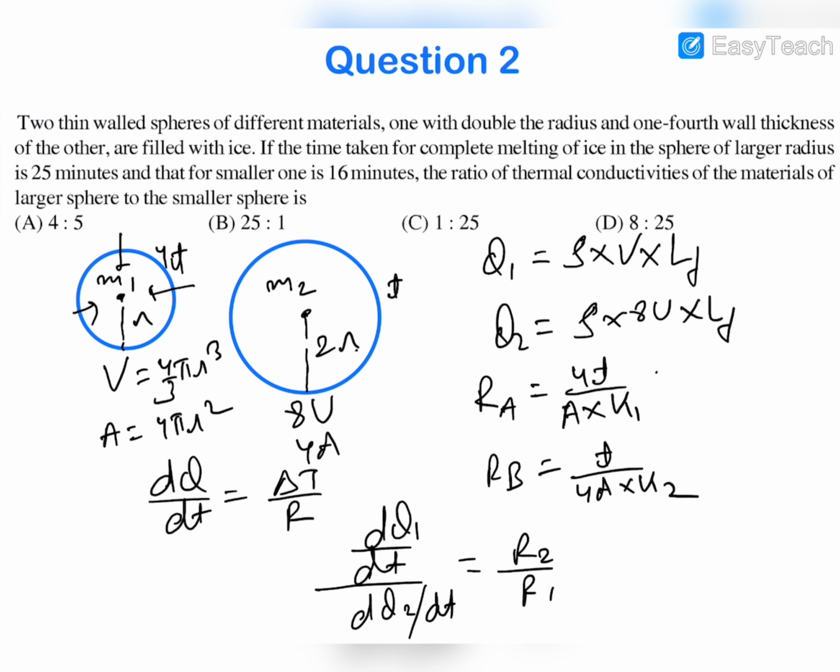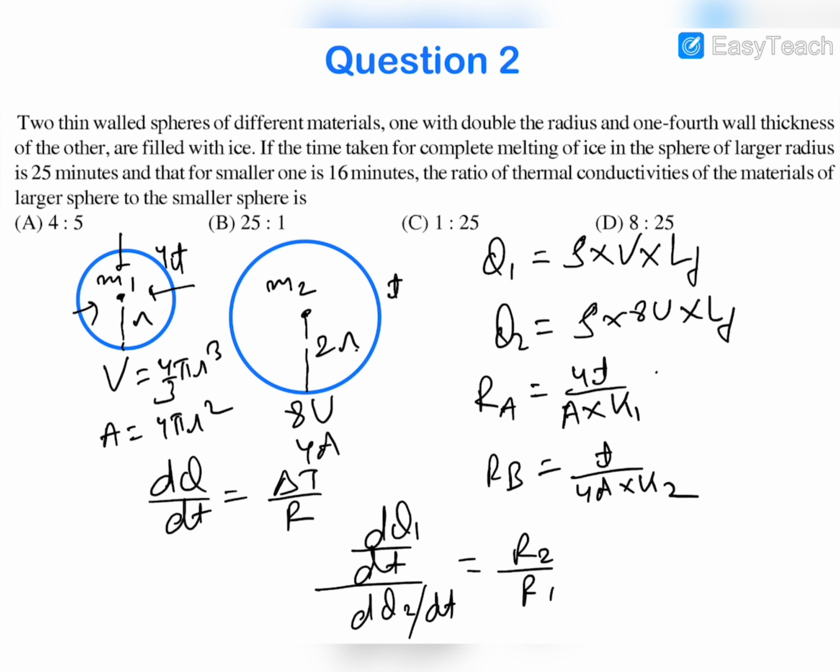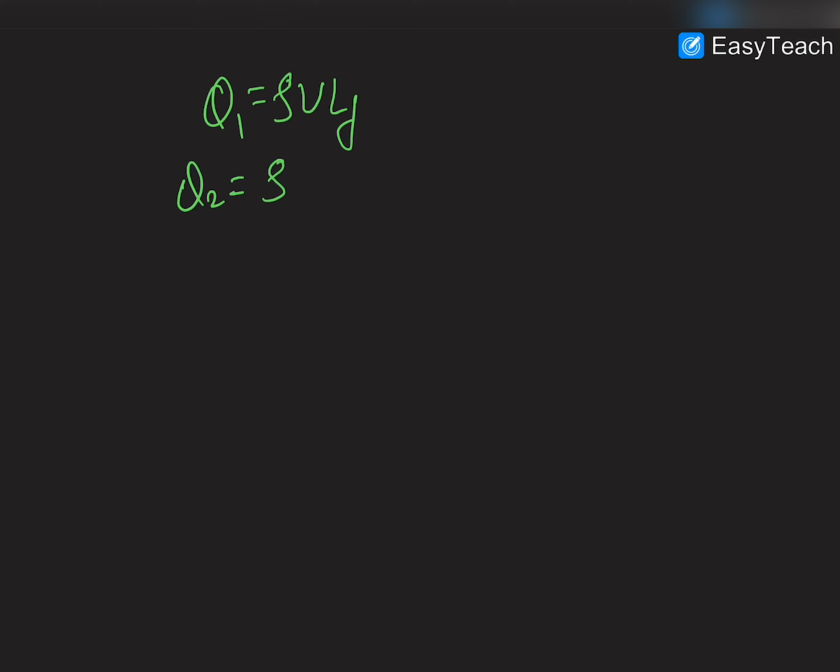okay. And let us use another page, okay. So you can see that dQ1 by dt, Q1 is rho V LF. So Q1 is equal to rho V LF, and Q2 is equal to rho into 8 V LF, okay.